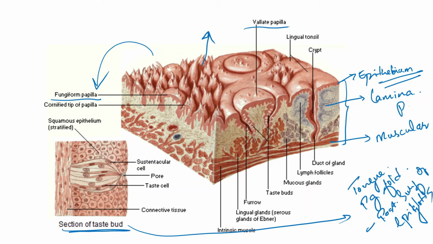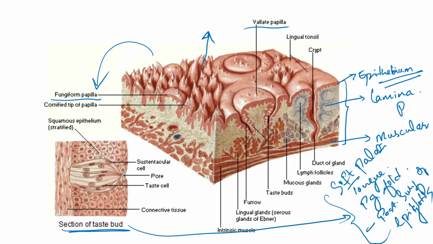The taste buds are also seen in the inferior surface of the soft palate. So all these are the parts where the taste buds are present: the palatoglossal fold, the posterior surface of the epiglottis, and the inferior surface of the soft palate.